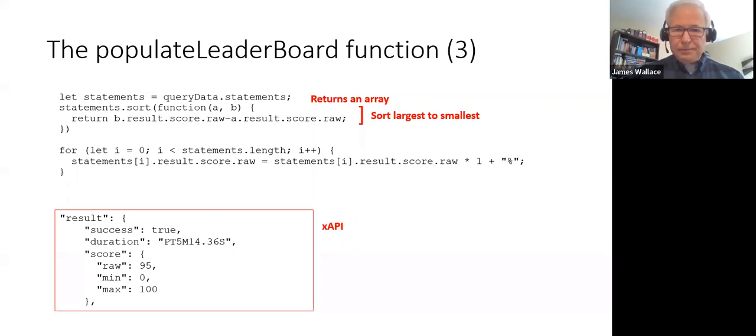So the next group sets up a loop. So we're going to increment our little array value from 0 to however many we've got, and increment it one at a time.